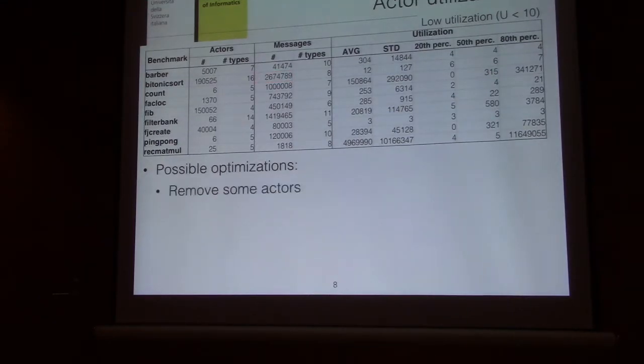By removing some actors, which is a possible optimization in this case, we would get rid of actors that anyway would be utilized only little. And this would also have the effect of increasing the utilization of actors that survive this optimization. And in this way, actors would be utilized more on average.